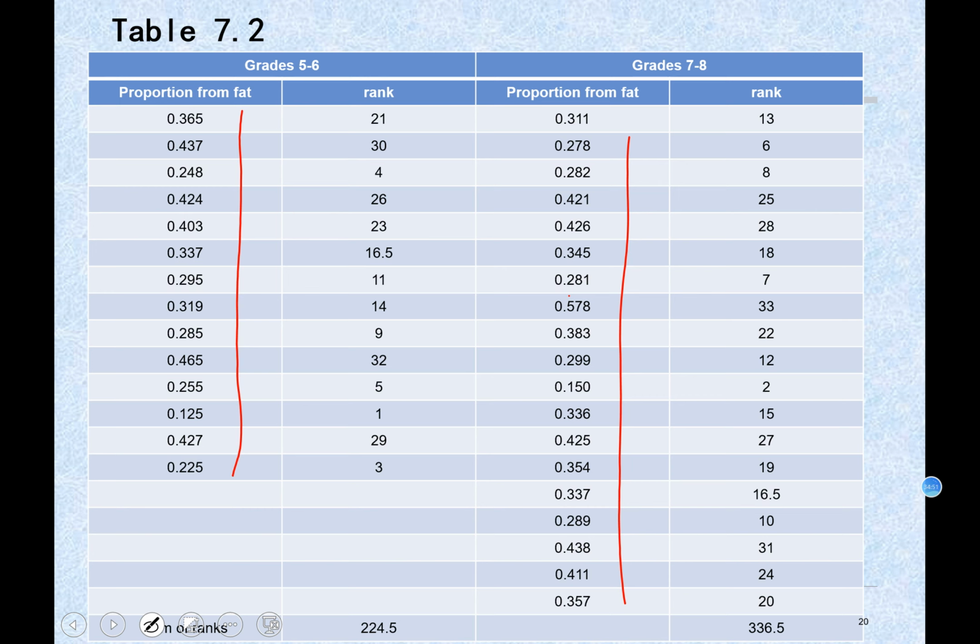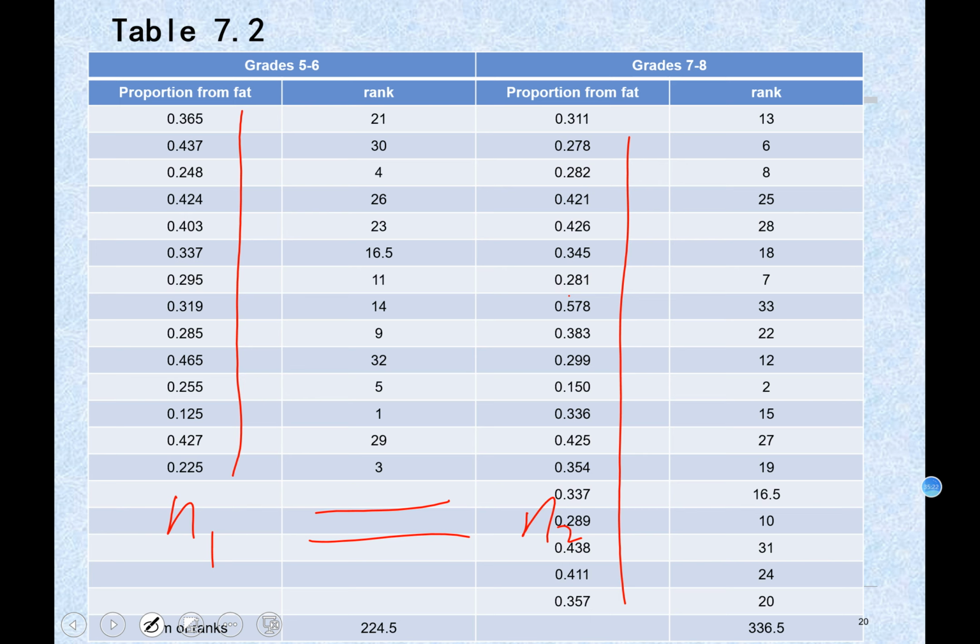Do you remember that in chapter 6, we have mentioned that if the two samples are matched, they must have the same sample size, right? So that means N1 must be equal to N2. So if they are equal, it can be paired samples.